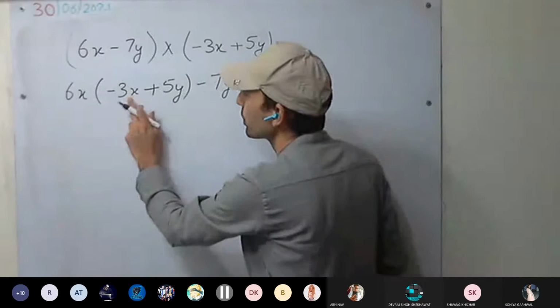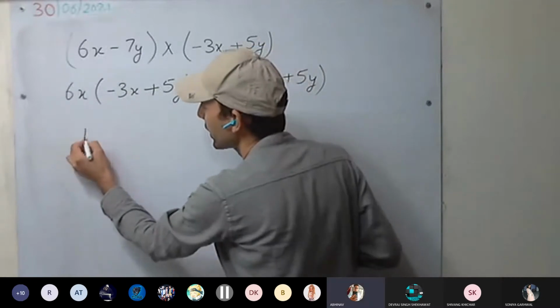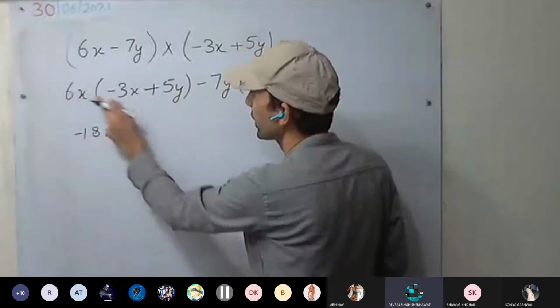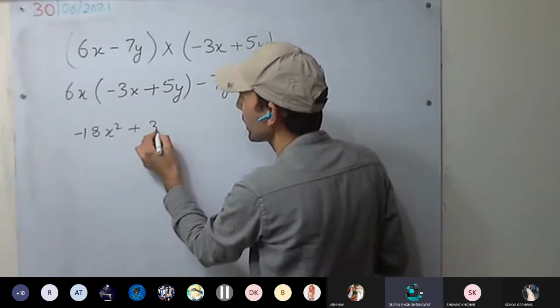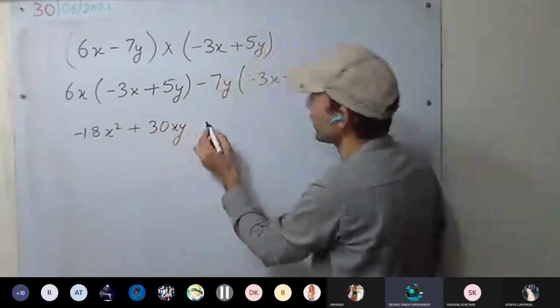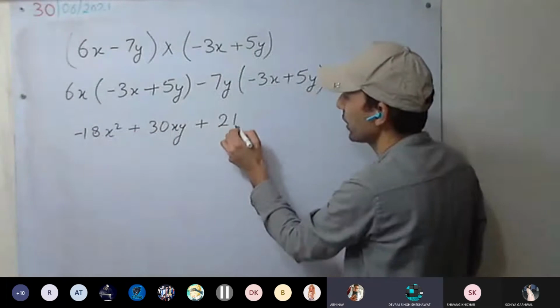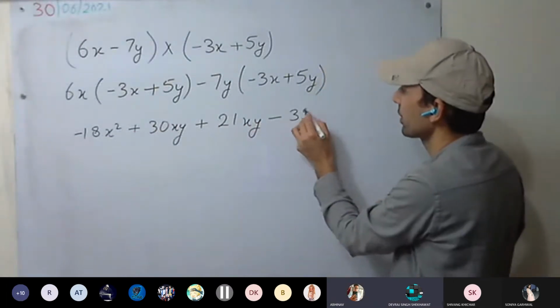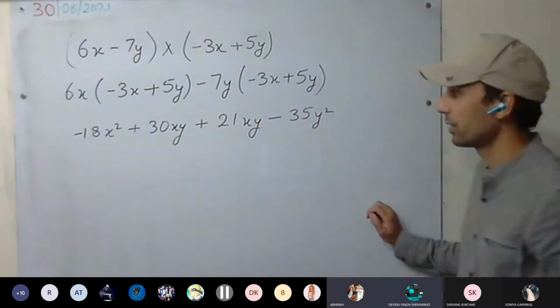Okay. So it will be how much? 6 times 3 is 18, minus 18x square, plus 30xy, plus 21xy minus 35y square.